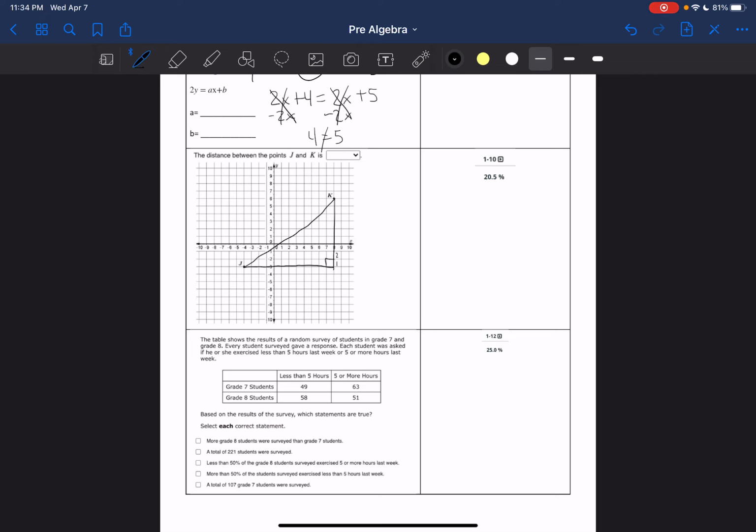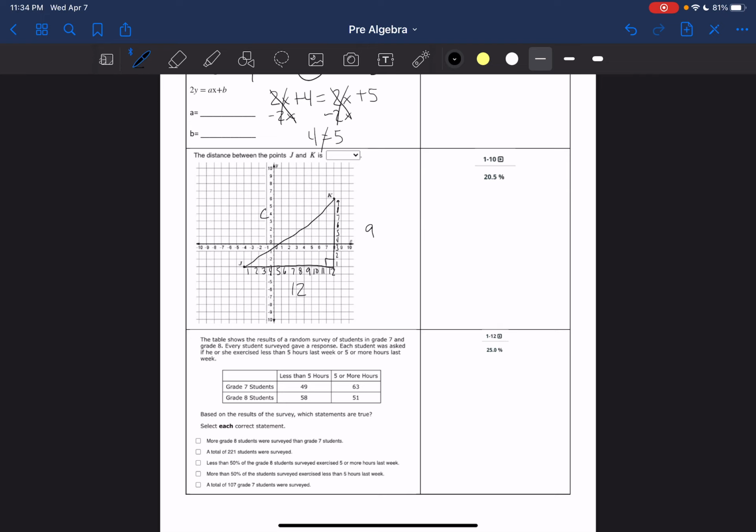So 1, 2, 3, 4, 5, 6, 7, 8, 9. That would be one leg measurement. 1, 2, 3, 4, 5, 6, 7, 8, 9, 10, 11, 12 would be my other leg measurement. And then I would need to solve for the hypotenuse, or the distance between J and K, that diagonal distance there.